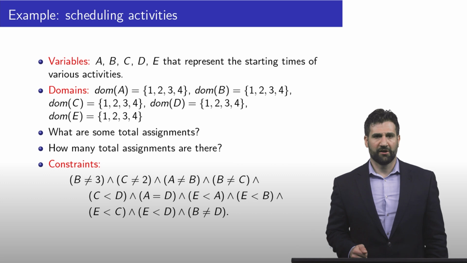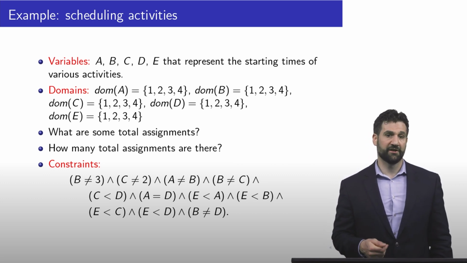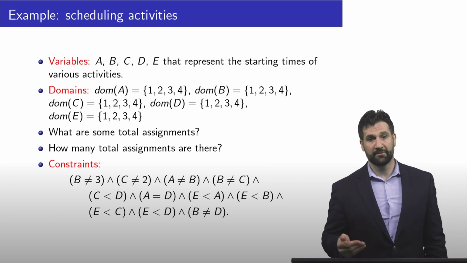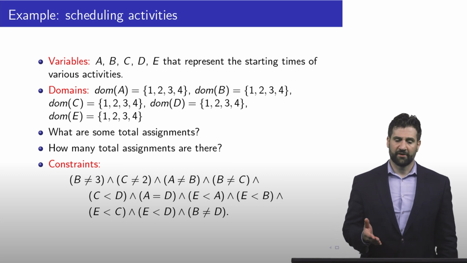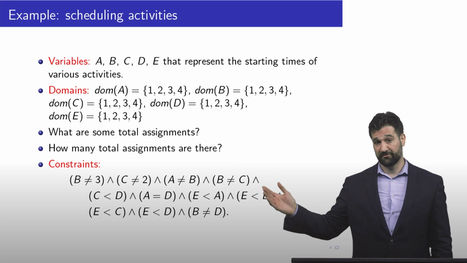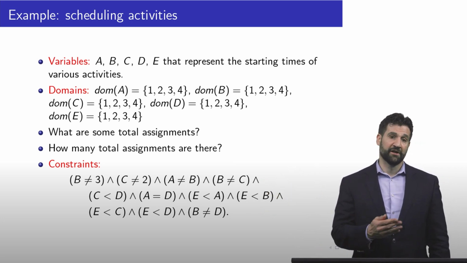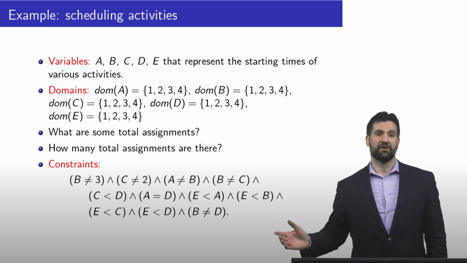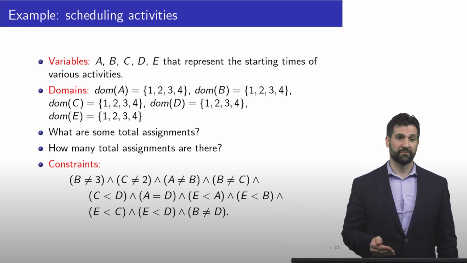So here is an example, a CSP for scheduling activity. We have variables A, B, C, D, and E that represent the starting time of various activities. The domain of each is simply going to be the numbers 1, 2, 3, and 4. So we could say that's 1 o'clock, 2 o'clock, 3 o'clock, 4 o'clock. And any of these activities can have that value.